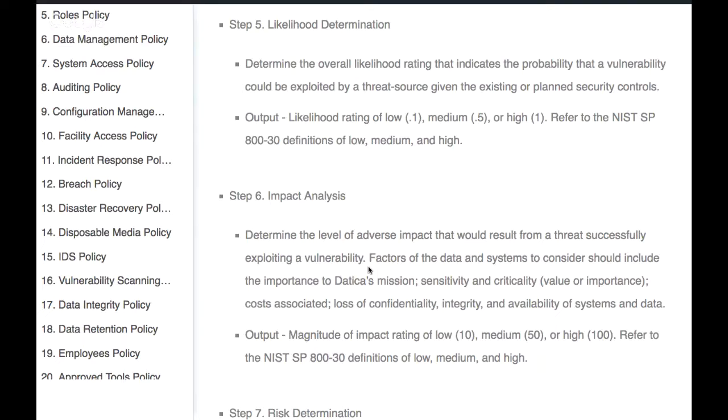Impact analysis. Determine the level of adverse impact that would result from a threat successfully exploiting a vulnerability. Factors of the data and systems to consider should include the importance to Datica's mission, sensitivity and criticality, costs associated, loss of confidentiality, integrity, and availability of systems and data.